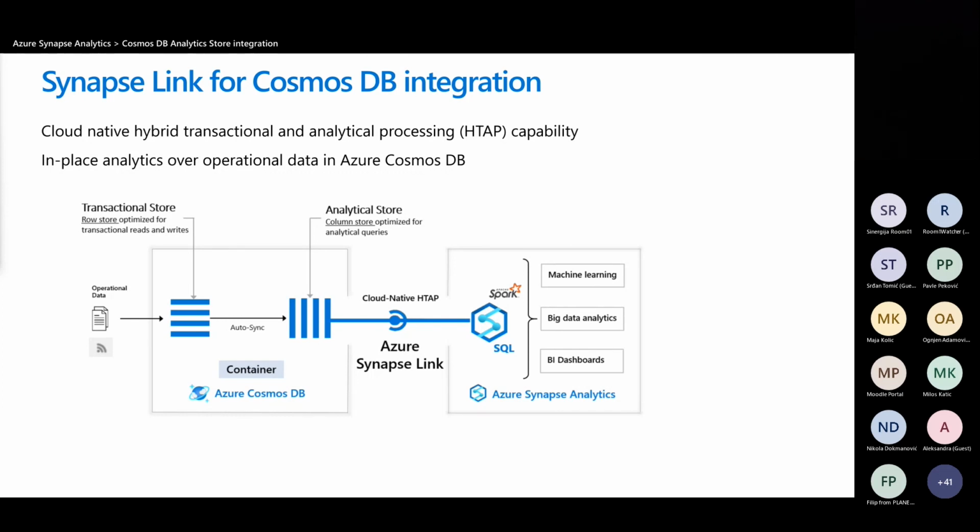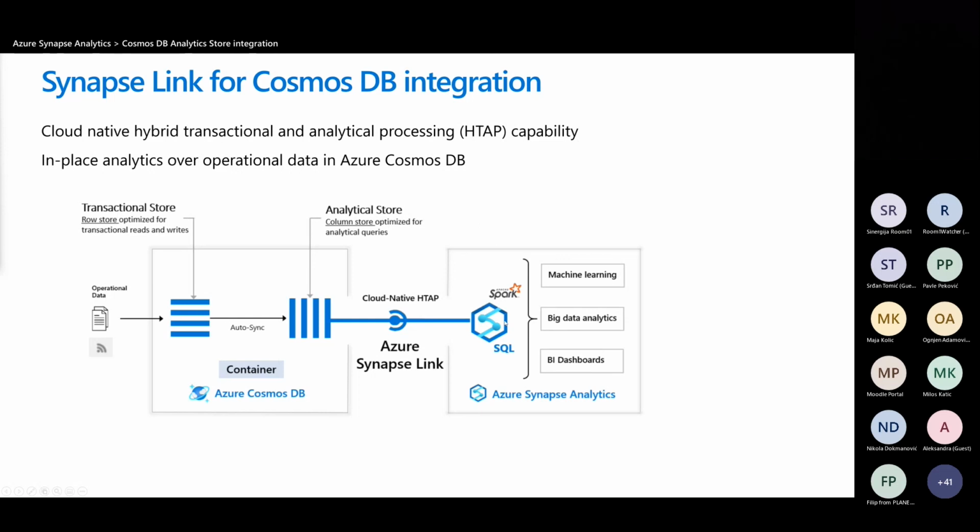But that doesn't mean you're stuck in a silo where you do your operational data analytics in Cosmos DB but cannot do anything with Synapse. Using Synapse Link, you can actually pull the operational data from Cosmos DB and work with it using either the Spark engine or SQL engine of Synapse Analytics, right?